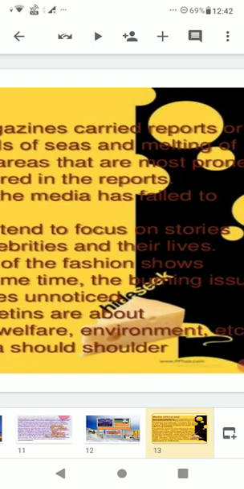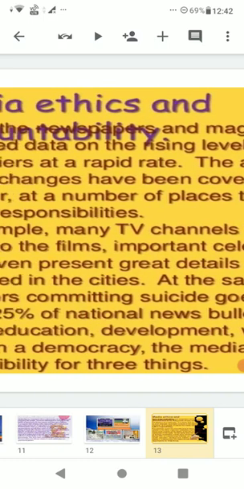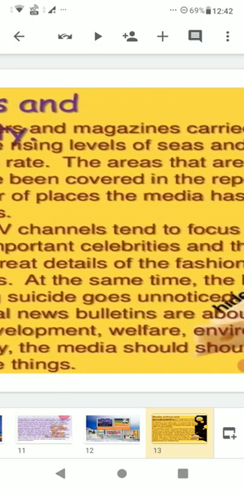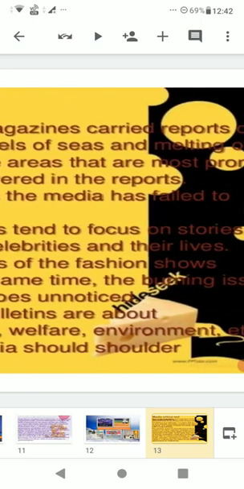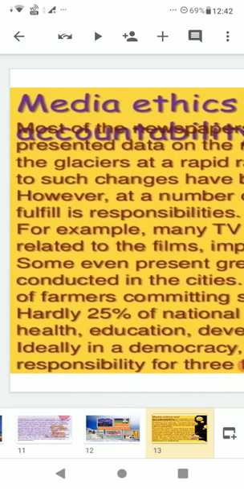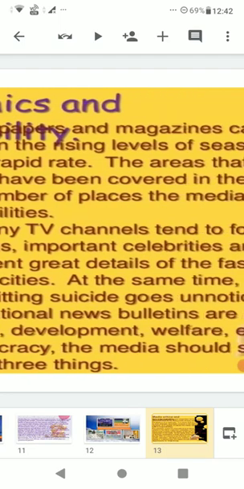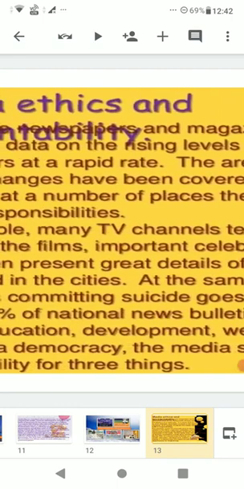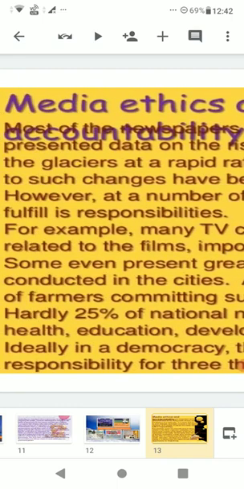For example, many TV channels tend to focus on stories related to films, important celebrities and their lives. Some even present great details of the fashion shows conducted in the cities.